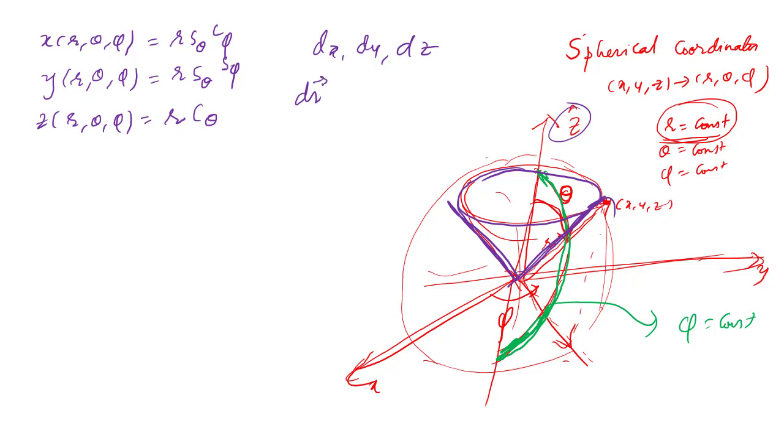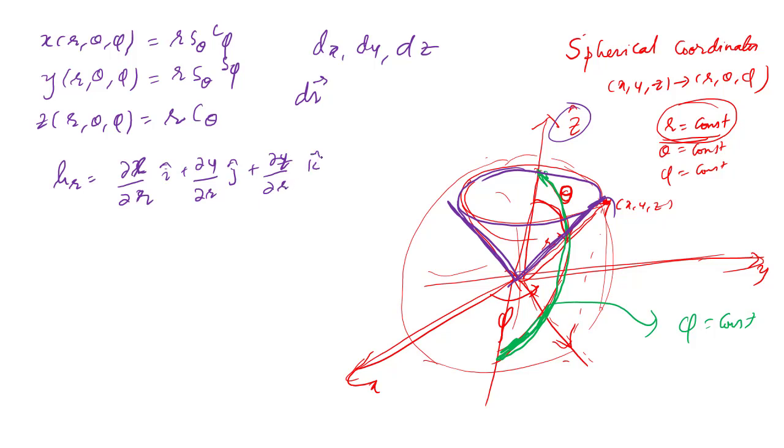So h_r is simply the magnitude of dou x by dou r along i plus dou y by dou r along j, and dou z by dou r along k.